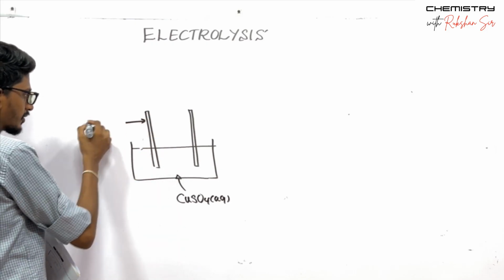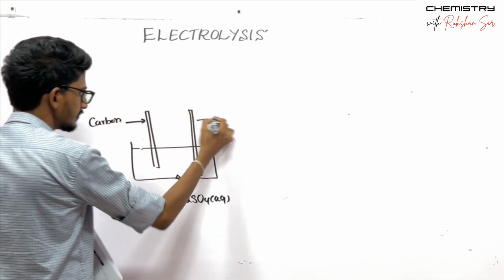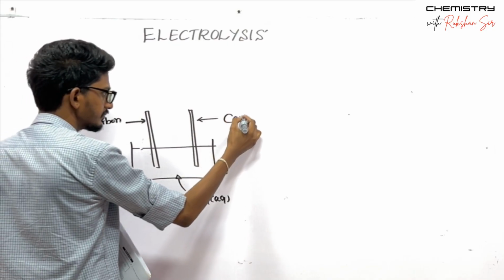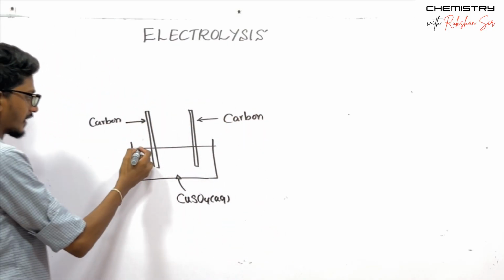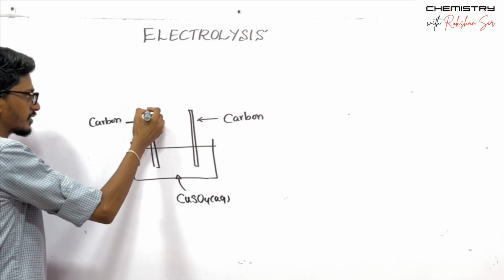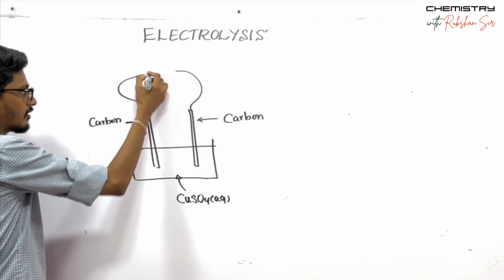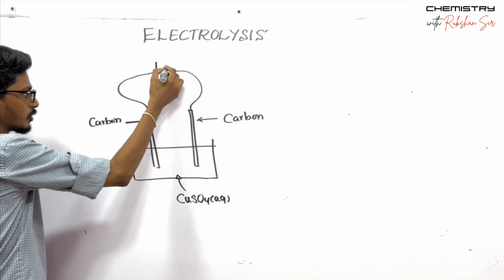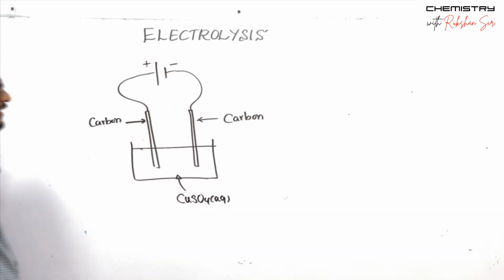How is this carried out? Basically, you have to connect two electrodes to a power source, to a battery. This is a positive terminal, this is a negative terminal.